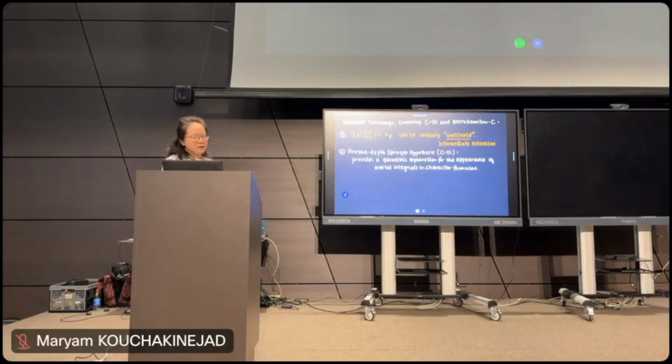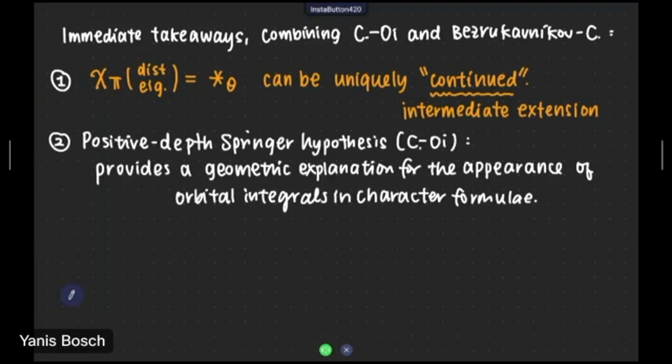The second immediate takeaway that I wanted to mention is that combining these two theorems allows us to establish something called the positive depth Springer hypothesis. What is this? It provides a geometric explanation for the appearance of orbital integrals in character formulae. I told you on the previous slide that representations of p-adic groups have very difficult character formulae.